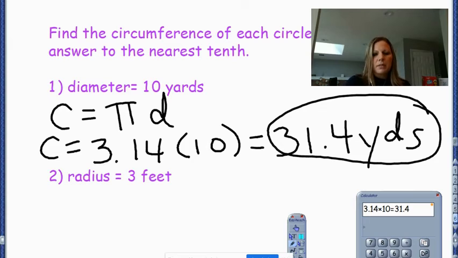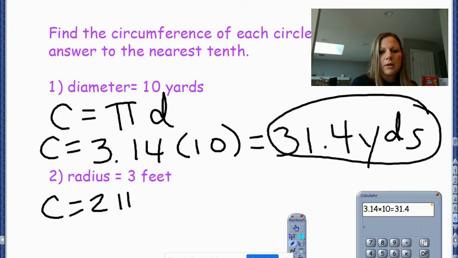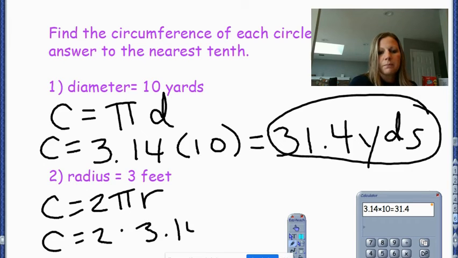My next problem is with the radius, 3 feet. So C equals 2 pi r. I strongly suggest that you write the formula down first. And if we were in school, I would make sure that all of your notes and problems actually had the formula written down first. So C equals 2 times 3.14 times 3.